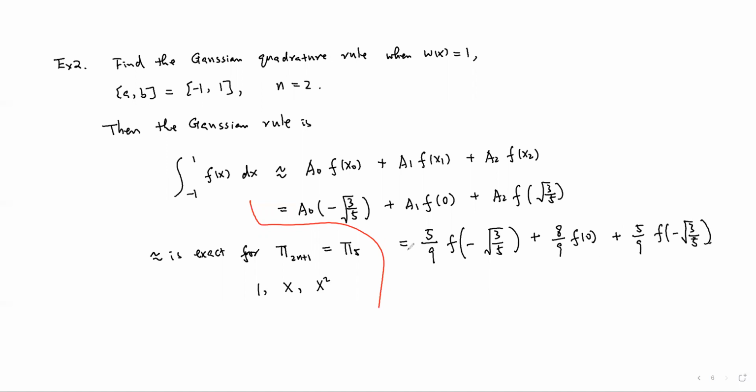This is a Gaussian quadrature for n equals 2, for this special interval and weight function.